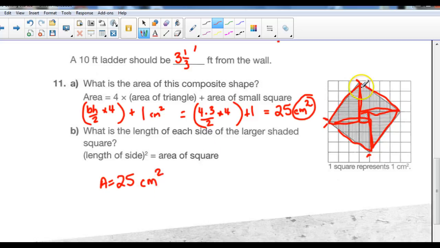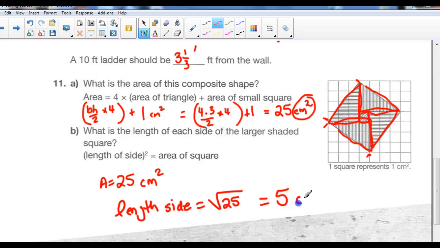So the length, that means that this side times this side equals 25 because they're equal. So we can say that the length of one side is just equal to the square root of 25, which is equal to 5 centimeters. It's a length, so it's just in centimeters.